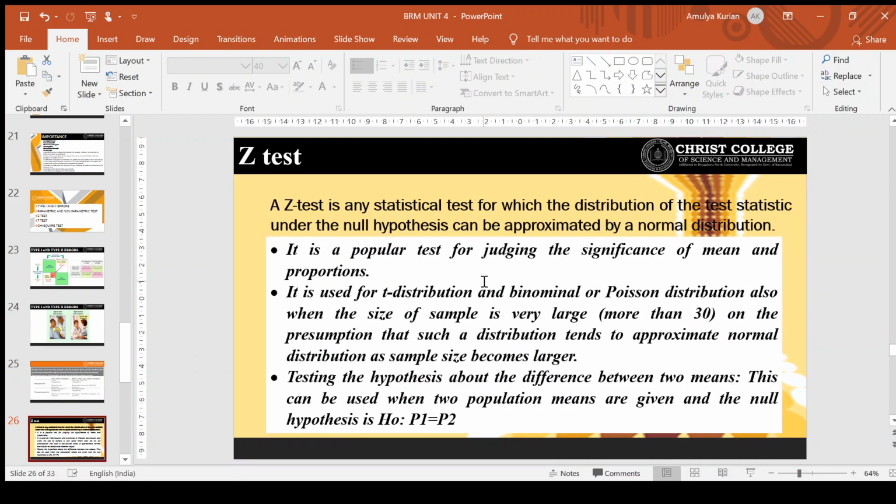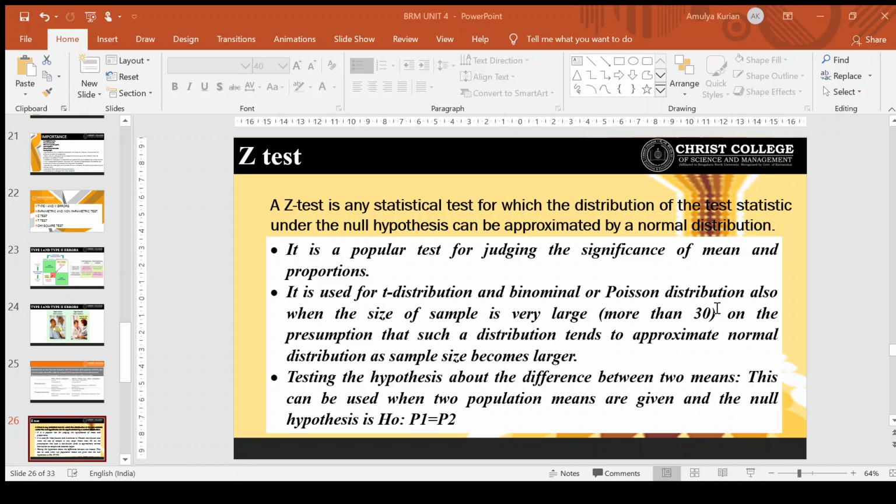A Z-test is a statistical test for which the distribution of the test statistic under the null hypothesis can be approximated by a normal distribution. That means it is a normal distribution. That means the mean, median and mode will be in a central location.